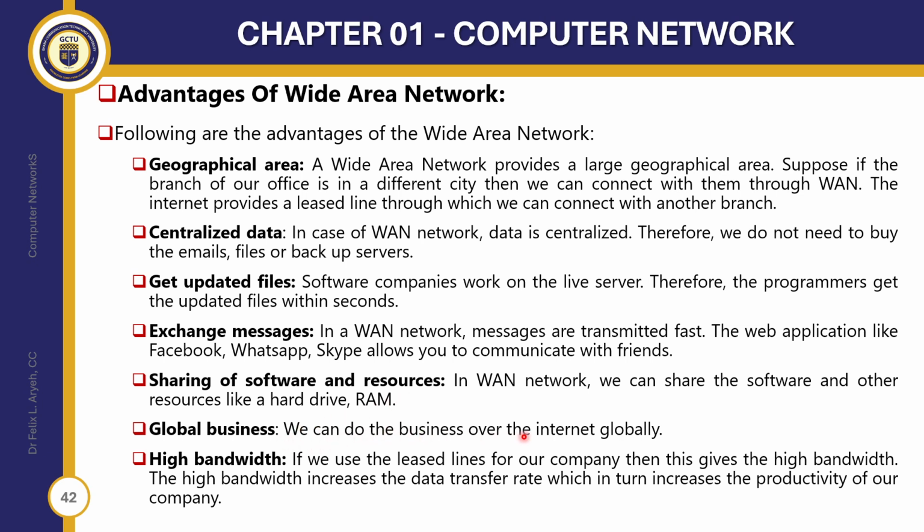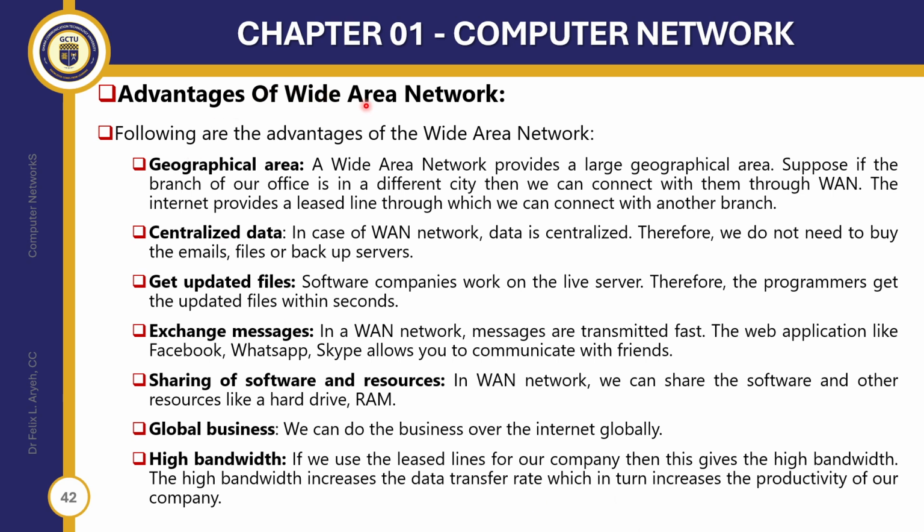Global business: we can do business over the internet globally. High bandwidth: if we use leased lines for our company, then it gives high bandwidth. The high bandwidth increases the data transfer rates, which in turn increases the productivity of our company.